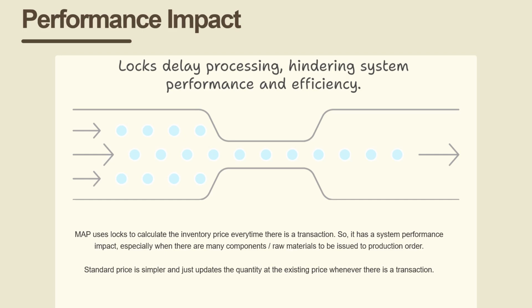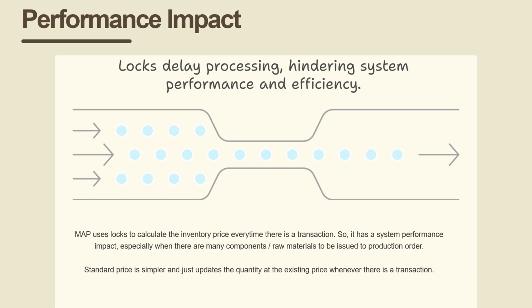Then the locks are more in number and the system performance takes a bad hit. But with standard price, it's not that difficult, because there is no dynamic nature. It just updates the quantity whenever you're procuring something at the same price, which is already there in the material master. So there is no concept of locks and not much impact on the performance of the system.